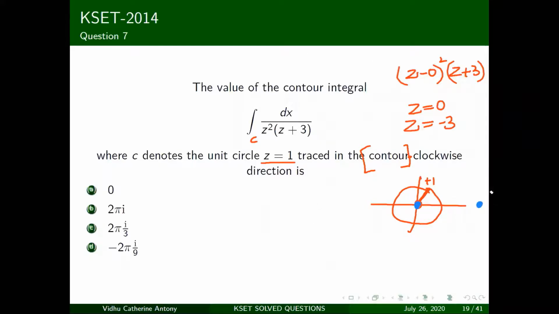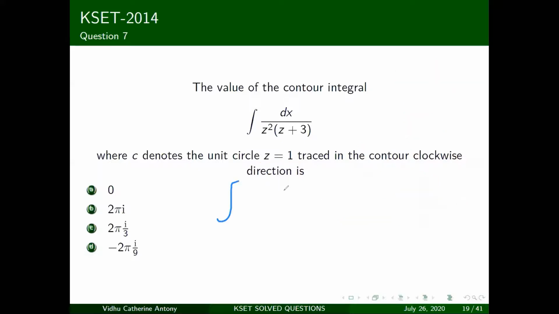I will put it somewhere here. So it's minus 3 and this is 0. So now what do you do? You only take the poles inside the contour while you're calculating the integral. So let's look a bit into that. So integral, what do you have?